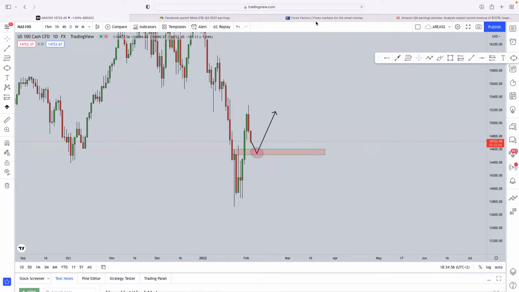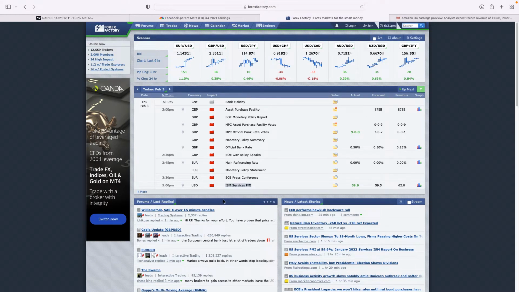But before we go there, I want to speak about the data that came out for the US dollar today, which is the ISM services PMI. Now, if you don't know what the PMI is, the PMI is basically a survey report on businesses, manufacturing, and services. This report measures business activity and the economy overall, and anything above 50% indicates growth.